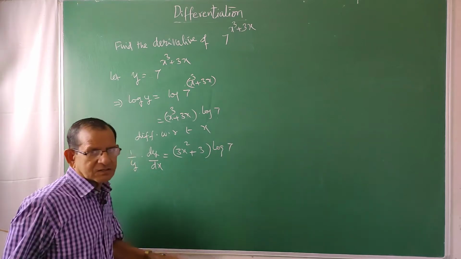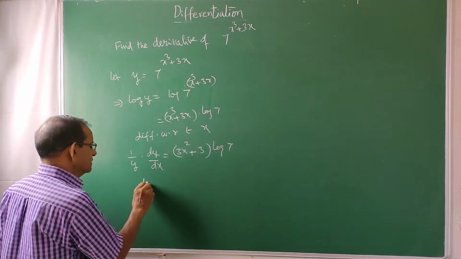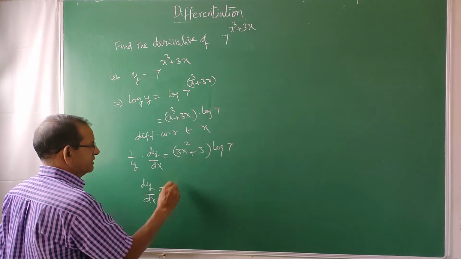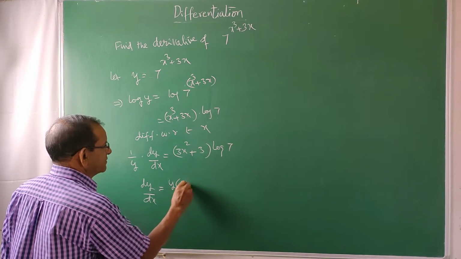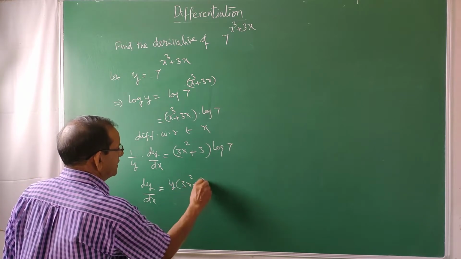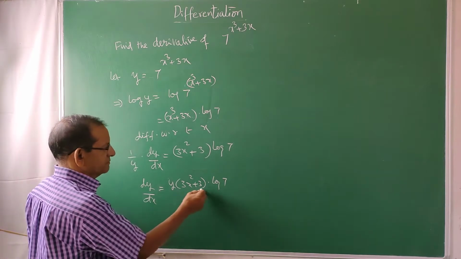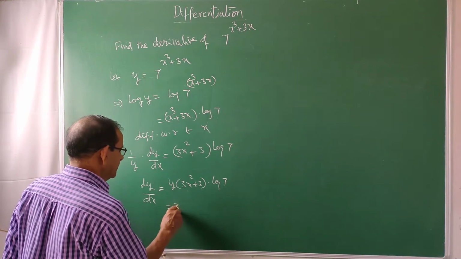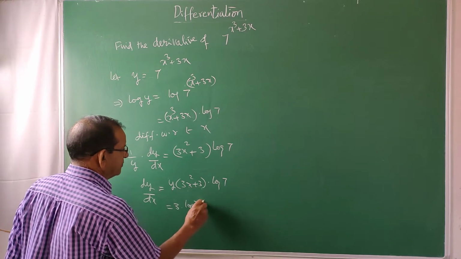Now log 7 is a constant. Now we have to find out dy by dx. So dy by dx is equal to, you take cross multiplication, y into 3x square plus 3 into log 7. In this one you can take 3 common, 3 into log 7 you write first into x cube plus 1.